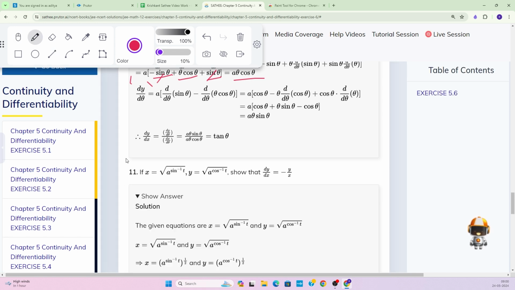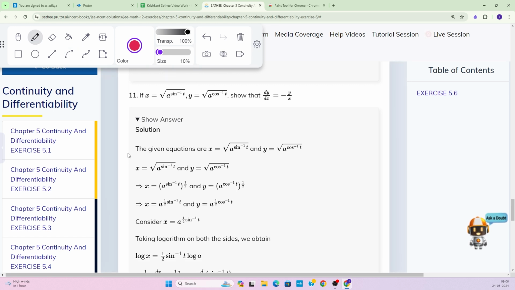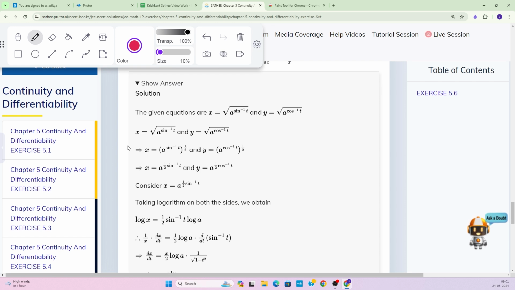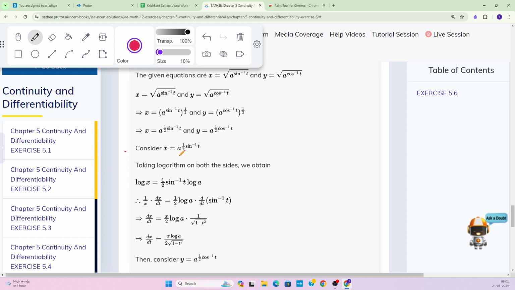As you can see, we have to do nothing but take the derivative of this. Let me just quickly tell you what is happening. Very simple. We are using the log form.